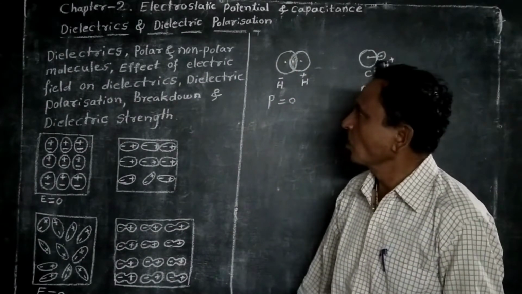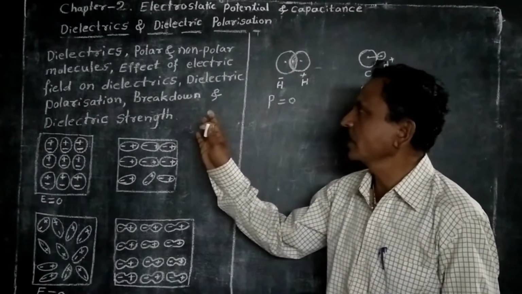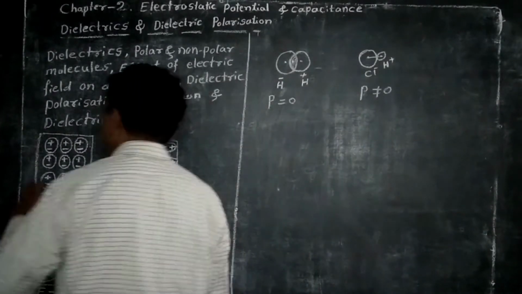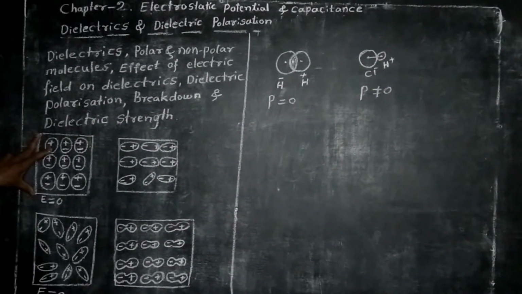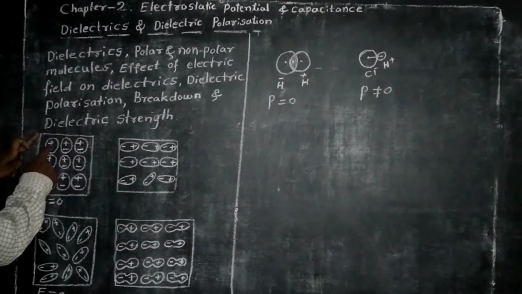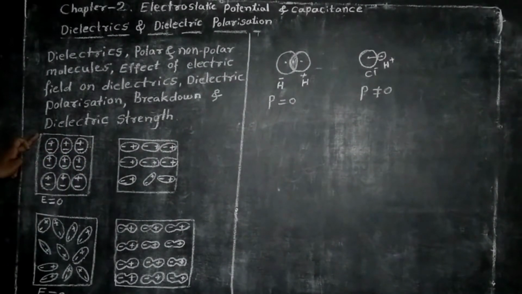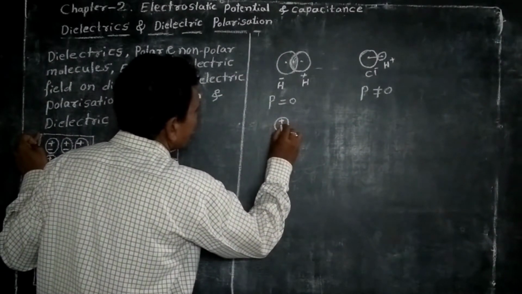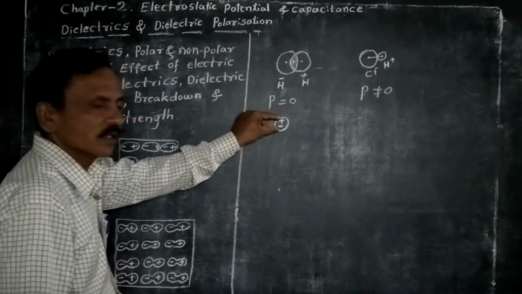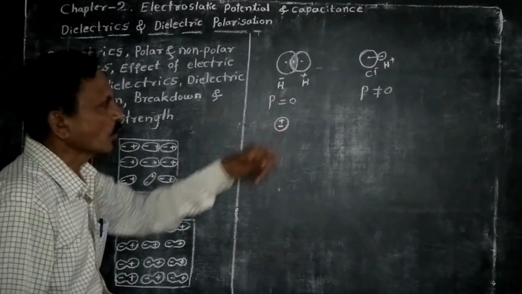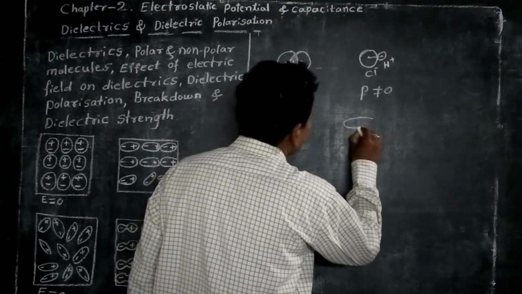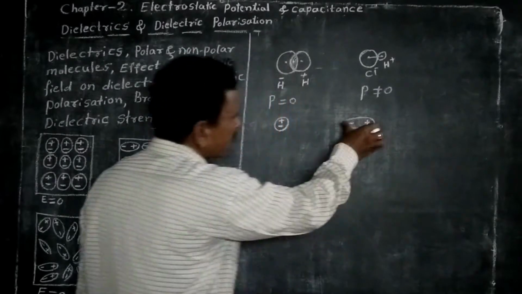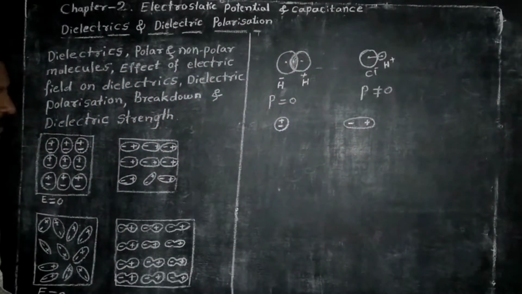Then what is the effect of electric field on dielectrics? Consider a non-polar dielectric slab, a slab consisting of non-polar molecules. Non-polar molecules are represented as plus minus, the centers are coincident, and polar molecules are represented as minus plus, with a certain distance between positive and negative charges.